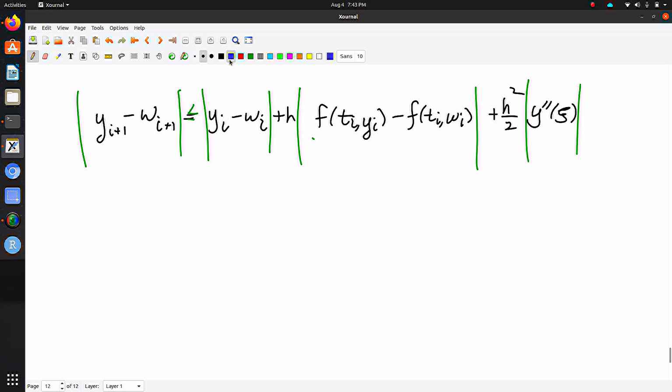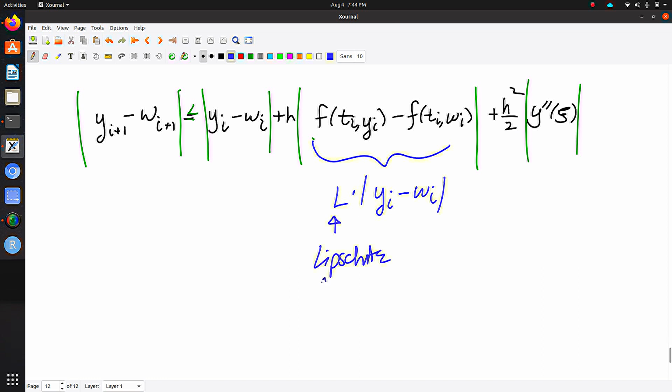All right, we have this bit here. This is a Lipschitz condition that we talked about a little bit. L, here's our Lipschitz constant. We know we have a Lipschitz constant or we wouldn't even be here. And this thing is approximately equal to M, which we're going to put in a formula.